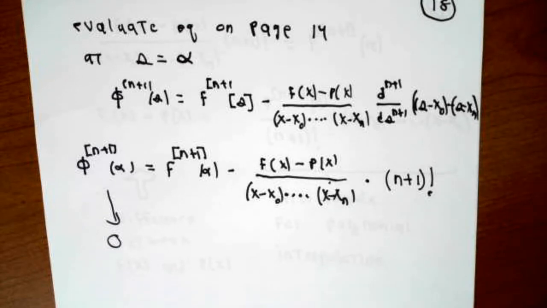So I'm going to go back and think about evaluating the formula on page 14 at s equals alpha. That's the special place where the n plus first derivative of phi was 0, which we know exists because of Rolle's theorem of all things.